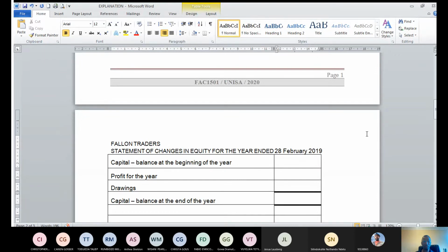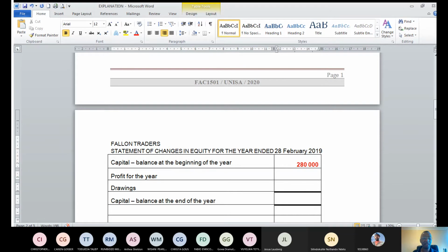Right, let us take a look at the solution then. The capital balance at the beginning of the year in this activity is an amount of 280,000 rand. Remember, we had no movements during the course of the year. If there was any movements, it would have been shown under your additional information.